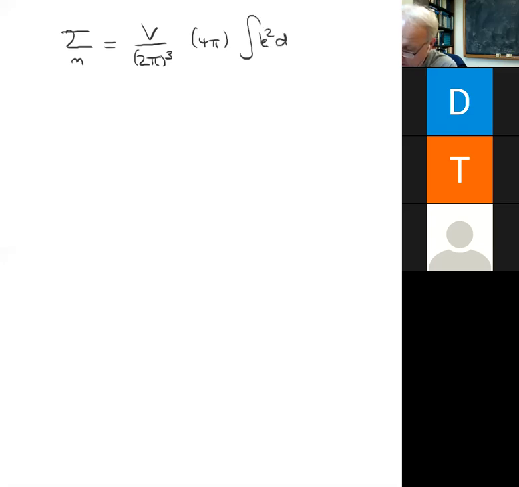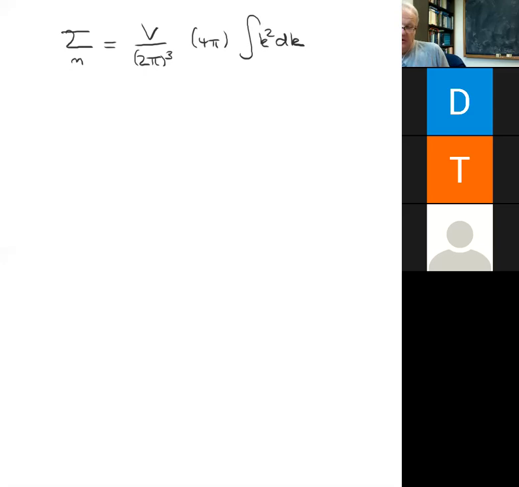So what that means is that the sum over n has now become a factor of the volume divided by (2π)³, and we have this integral d³k. But since the energy really only depends on the absolute magnitude anyway, we can write that integral in terms of spherical coordinates, so k² dk.